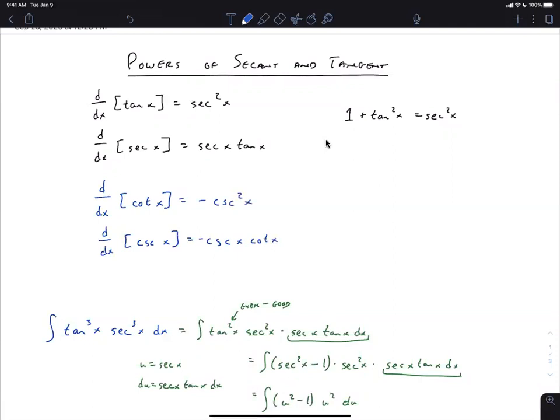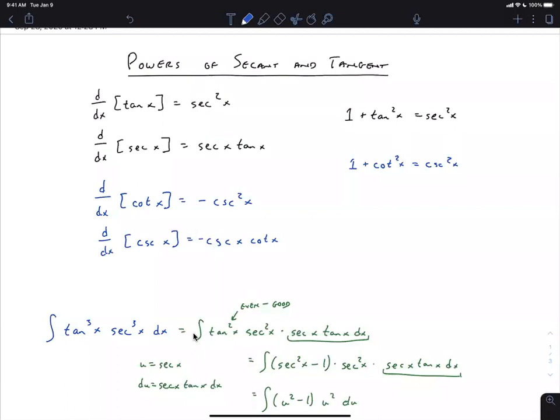And 1 plus cotangent squared is cosecant squared. So those problems can be done if you have powers of cosecant and cotangent. Those problems are done exactly in the same way, except that when you're getting the du's, you need to get negatives in there. So you'd have to have a negative here and a negative out there. But aside from that, they would work almost identically to the problems we've been doing.